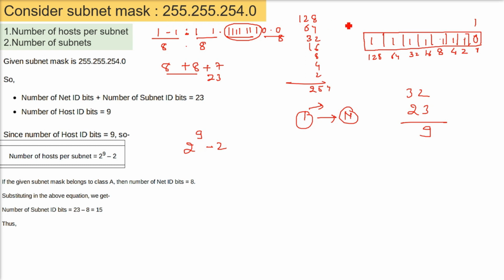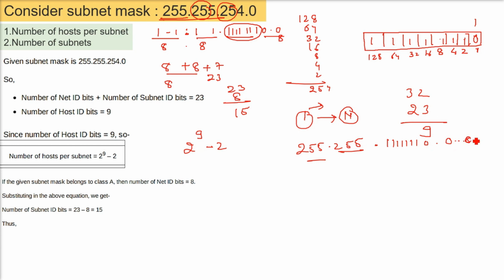B, C, D means the second, third, fourth are for host. 255 is fixed. Total is 23. If it is class A you have to subtract, because this 15 you have borrowed from the host bits. If this is class B, 255 will be network, then you have host and host.